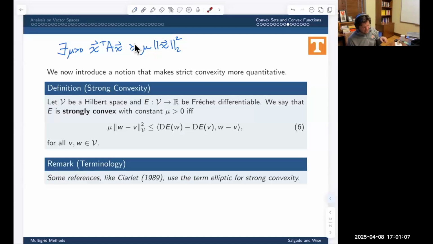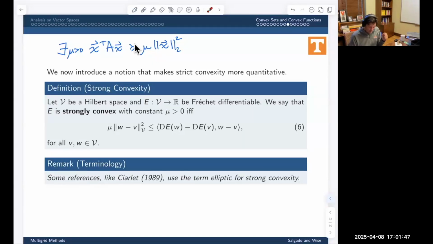So here's an analogy for convex functions. Usually when we state that something is convex, we don't always say how convex it is. Remember we said previously that if the derivative is monotone, that means that this duality pairing is greater than or equal to 0, then the function was convex, right? But now we can say quantitatively how convex it is.